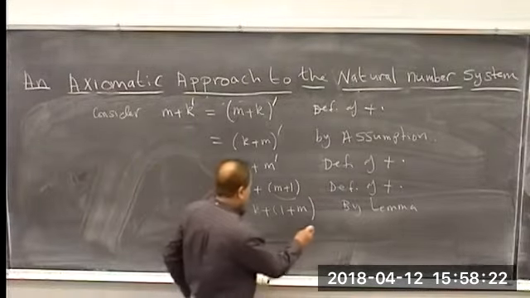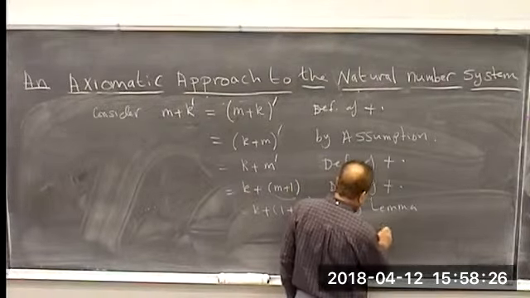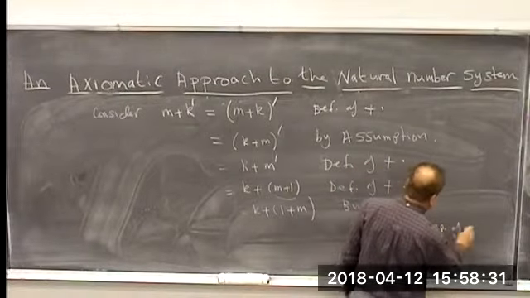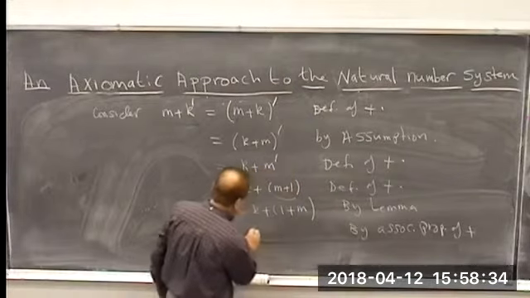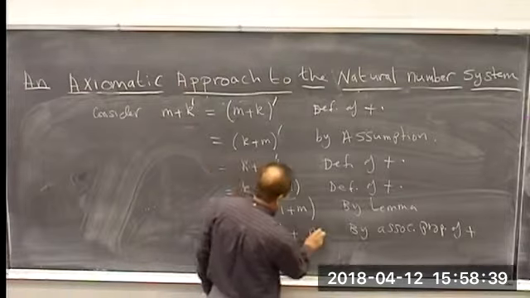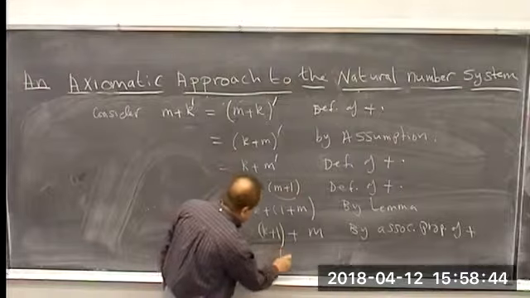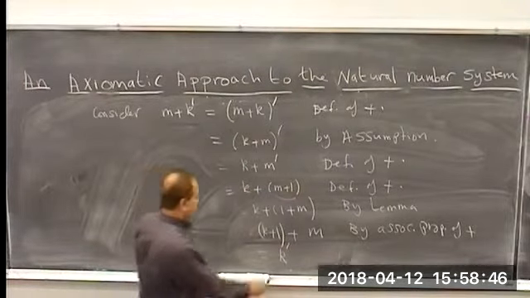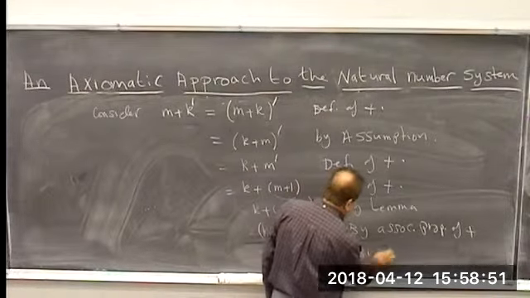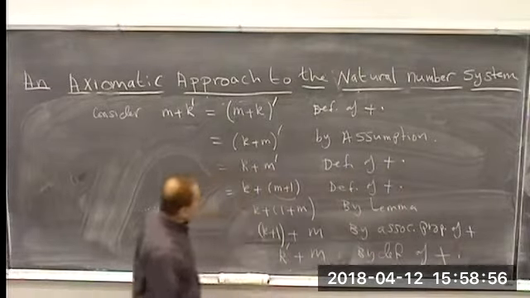And now by the associative property of addition, I can rearrange these and have k plus 1 plus m. And finally, k plus 1, I can write as the successor of k, plus m. So this is by definition of addition. All right? And this is it.